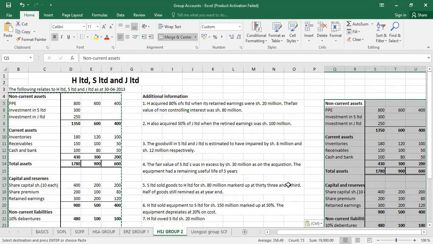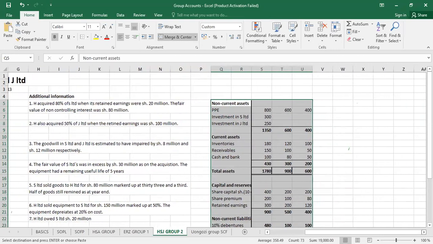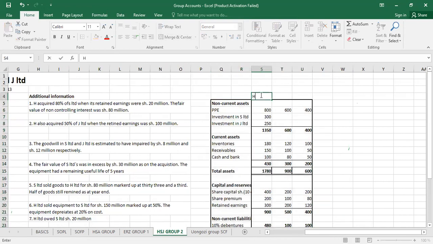So 80% and 50, it means the other one is a joint venture. So you're only consolidating these two, isn't it? H Limited and S, isn't it? The other one, this one is a joint venture, isn't it? So the consolidation will be like this one plus down there, isn't it?